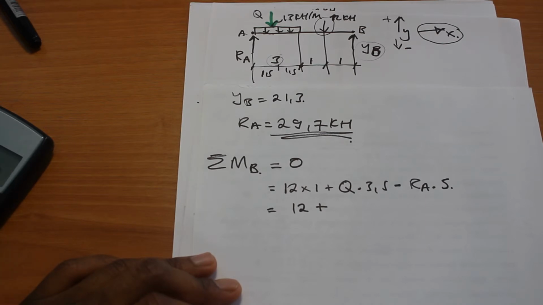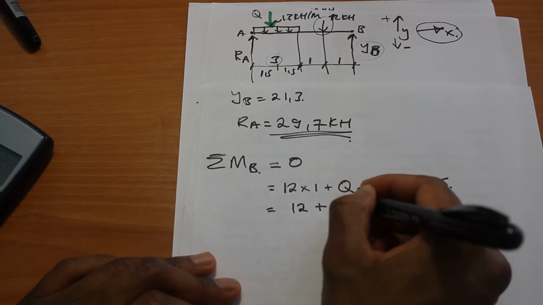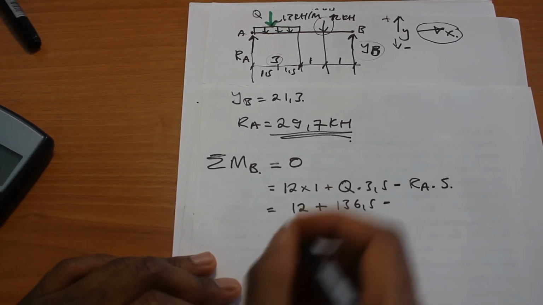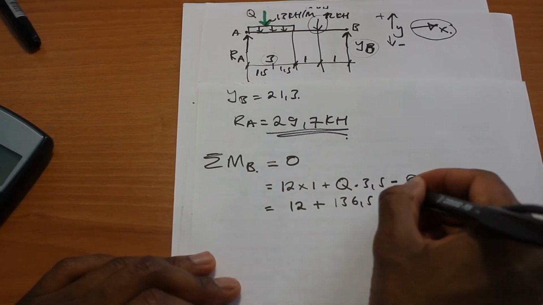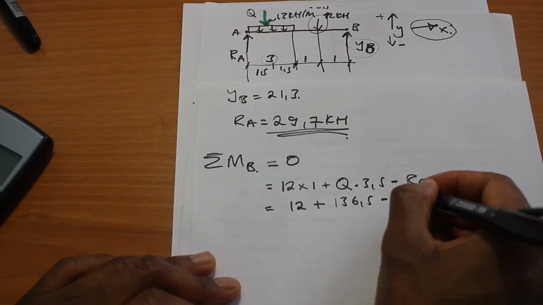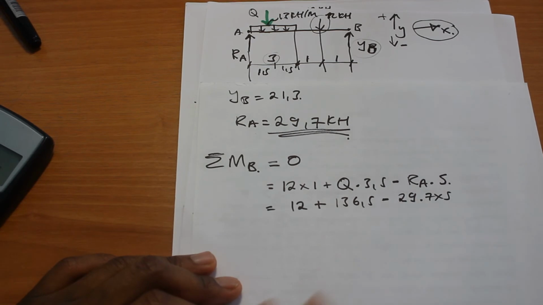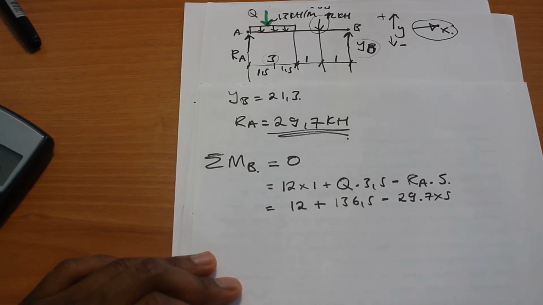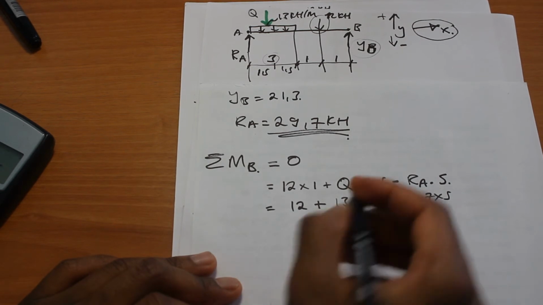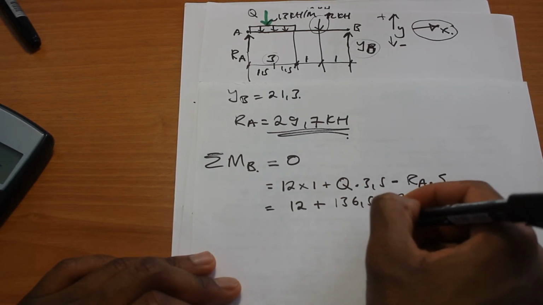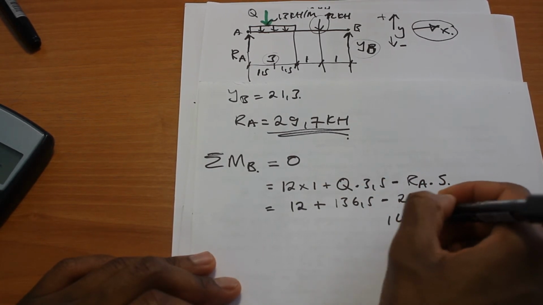sorry, Q is just 39. 39 times 3.5 will give me 136.5 minus RA. RA is 29.7 times 5, which gives me 148.5.